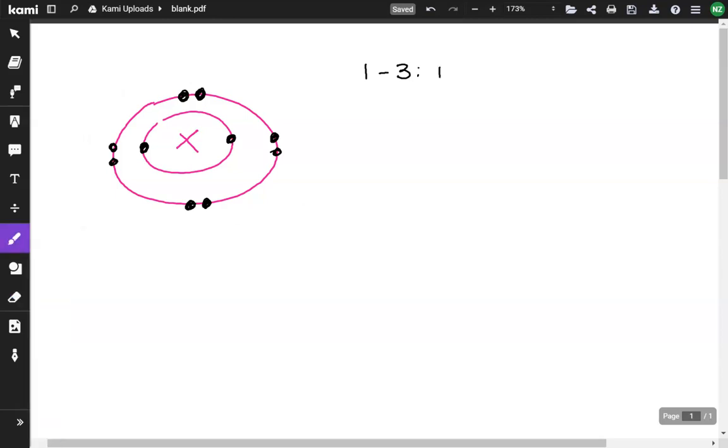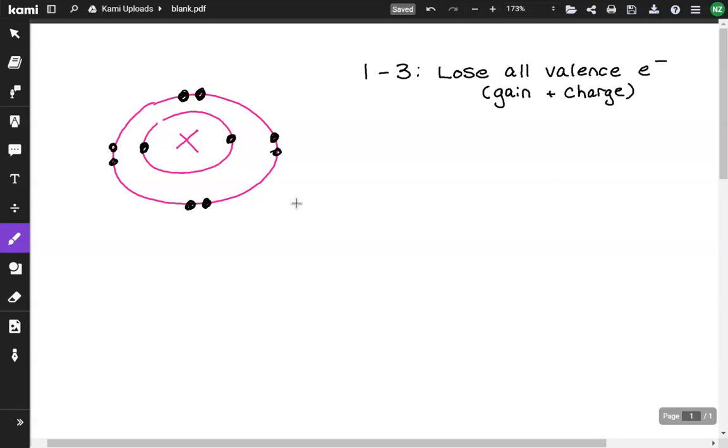So 1 to 3, you are going to lose all valence electrons, and you will gain a positive charge. So if I had 3 and I lost 3, I would have a charge of positive 3.